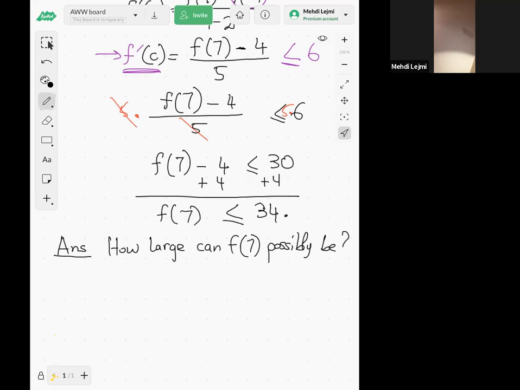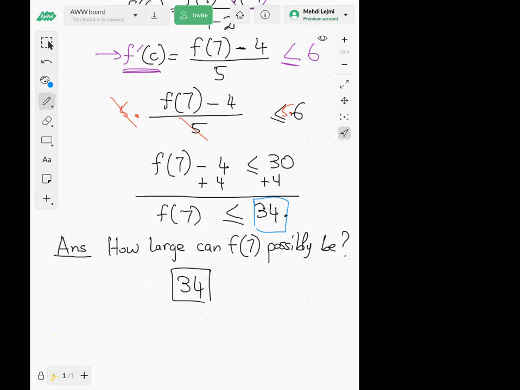All right, so f of 7 has to be less than or equal to 34. So the largest possible value for f of 7, that's 34. So the answer is 34. All right. Makes sense to you guys? Any question? No, it makes sense.